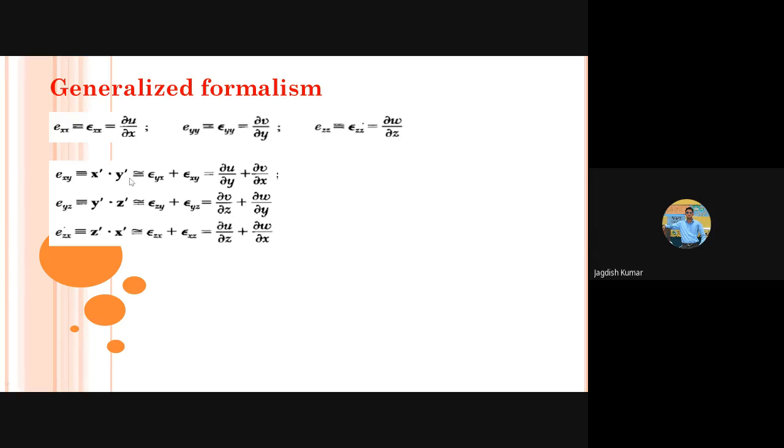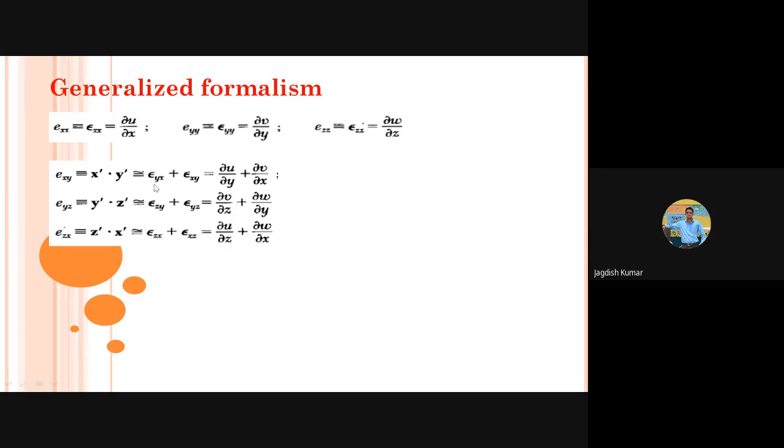So we are left with only two terms, EYX plus EXY. So strain EXY can be followed from this, which is equal to del U over del Y plus del V over del X.